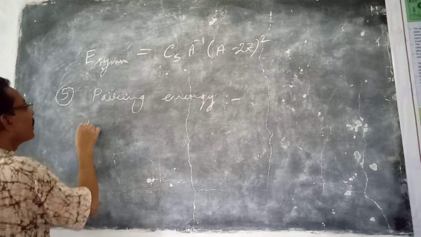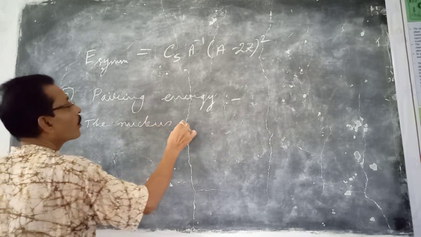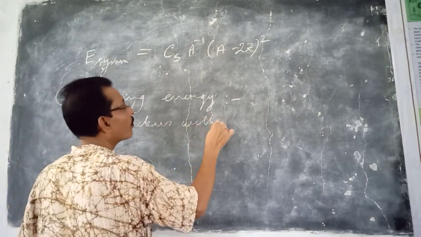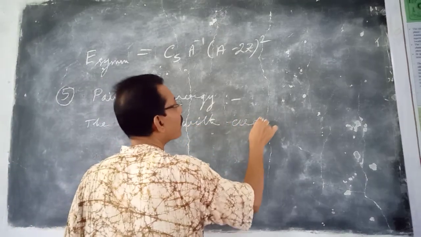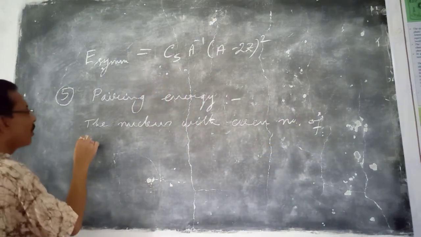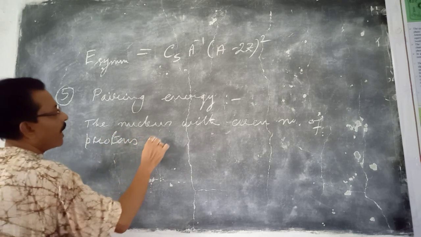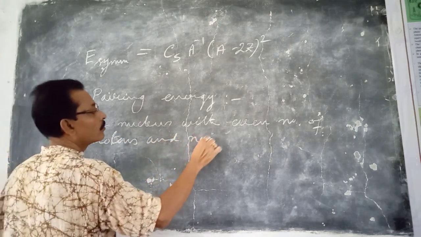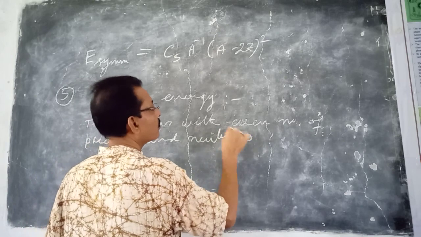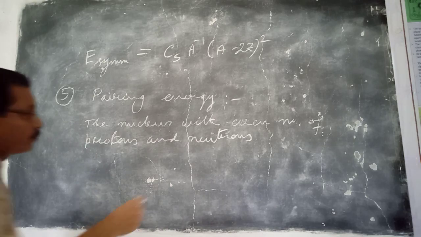So nuclei with both proton number and neutron number even are more stable.